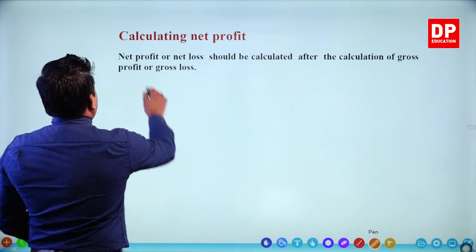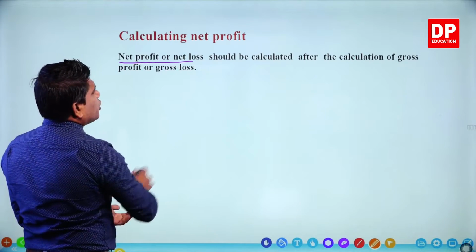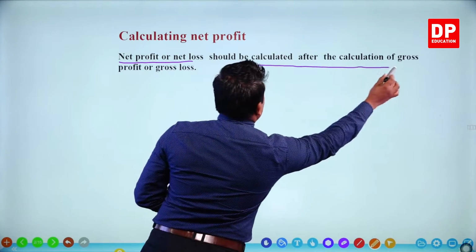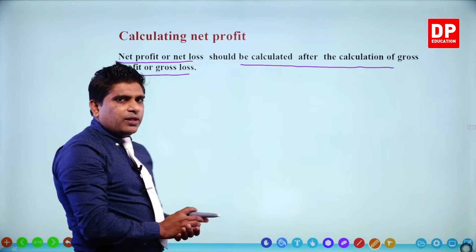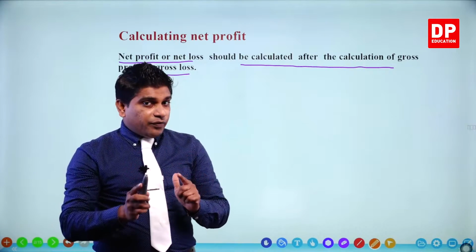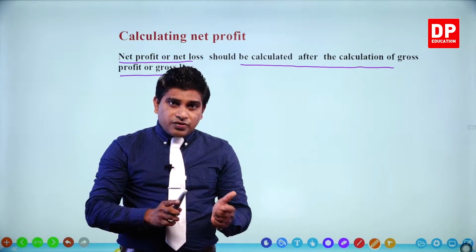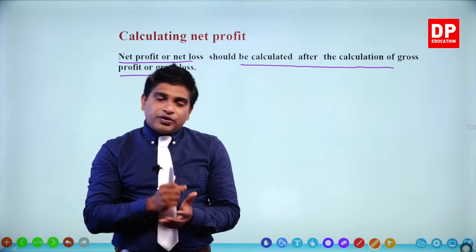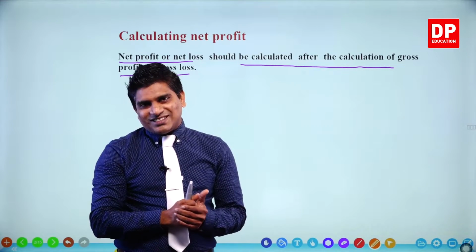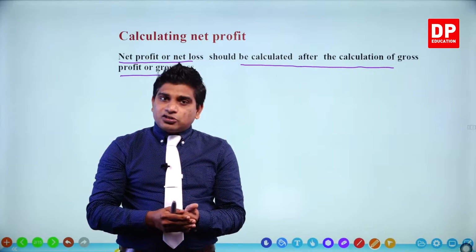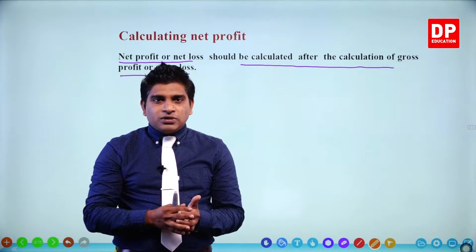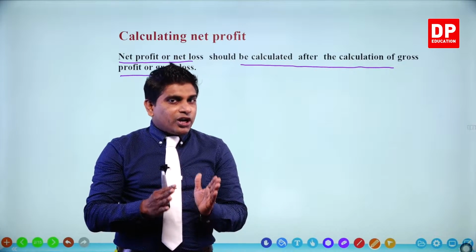Net profit or net loss should be calculated after calculation of gross profit or gross loss. Yes, remember, before you calculate the net profit or net loss, we must calculate gross profit or gross loss of a business. Without calculating gross profit or gross loss, you can't calculate net profit or net loss.